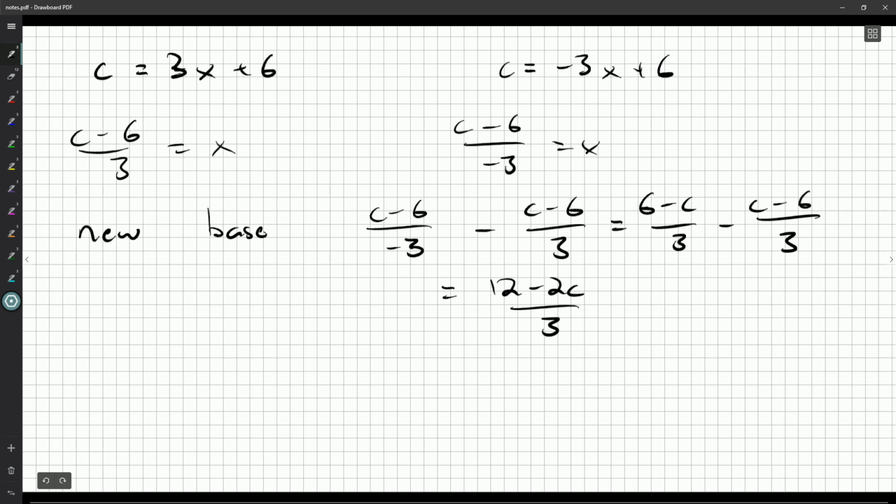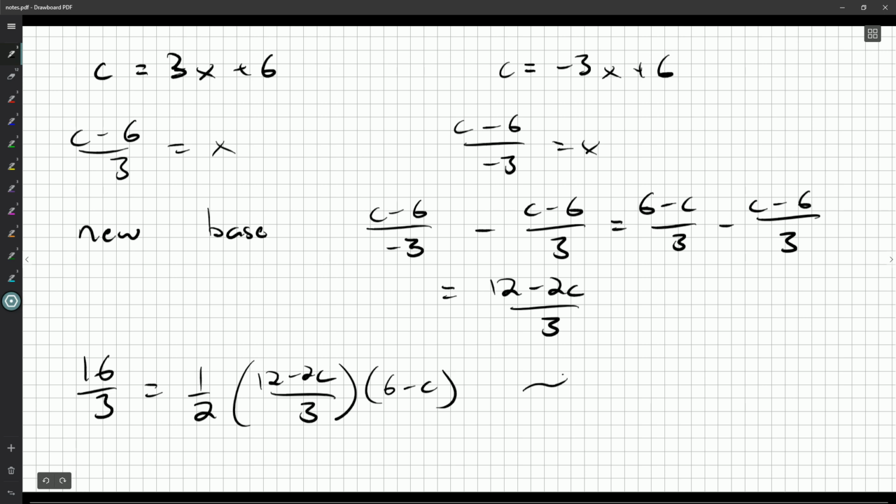Okay. And so the area, which we know should be 16/3, is 1/2 base times height. Multiply by 3, multiply by 2, you're going to get 32 is equal to, take out a factor of 2 here, 2 times (6 minus C) squared.